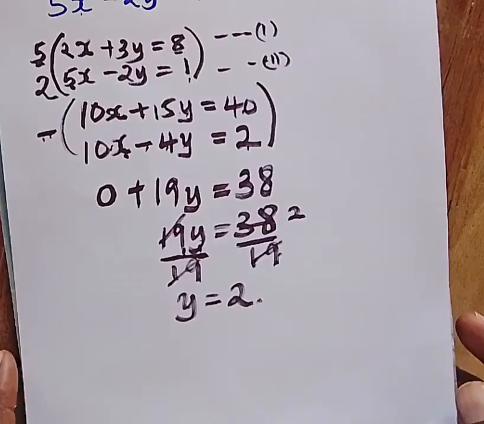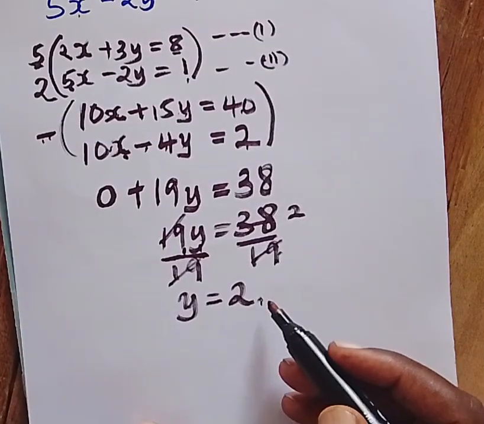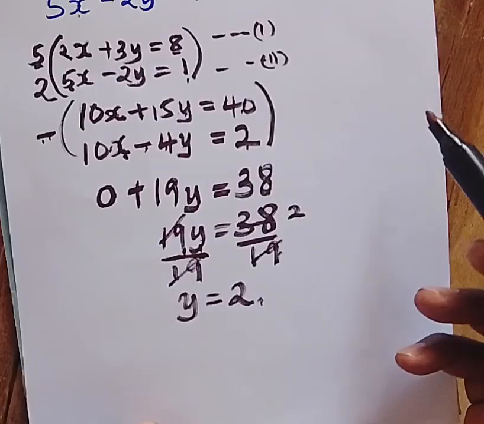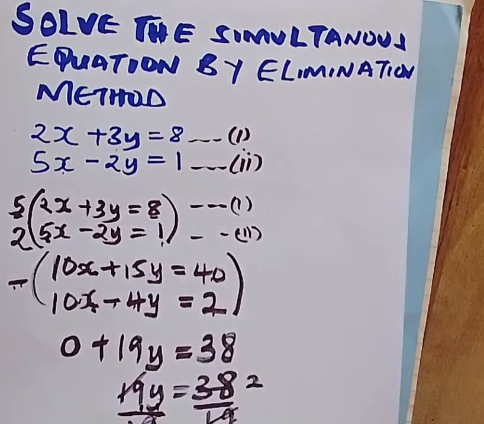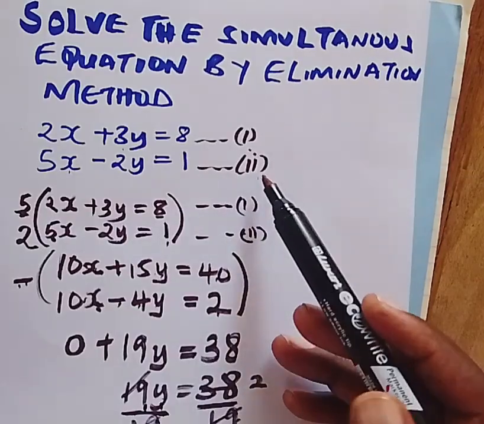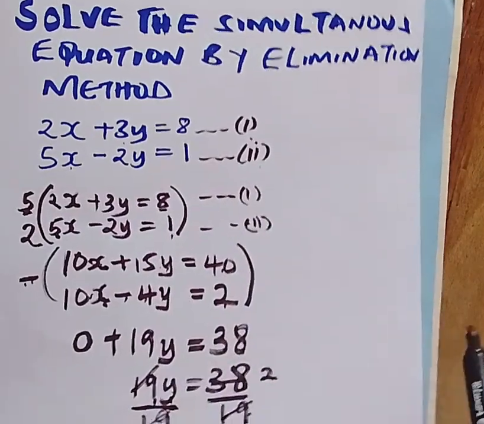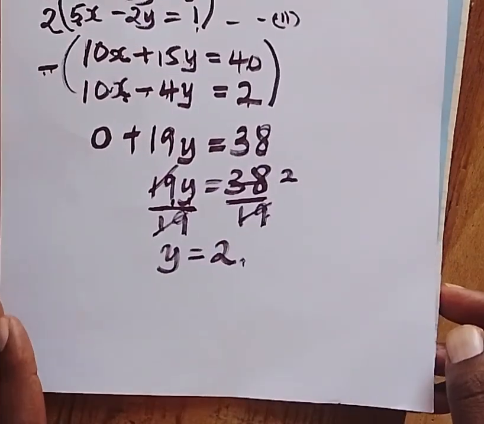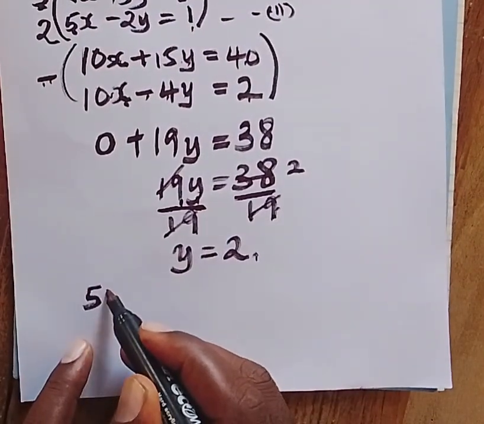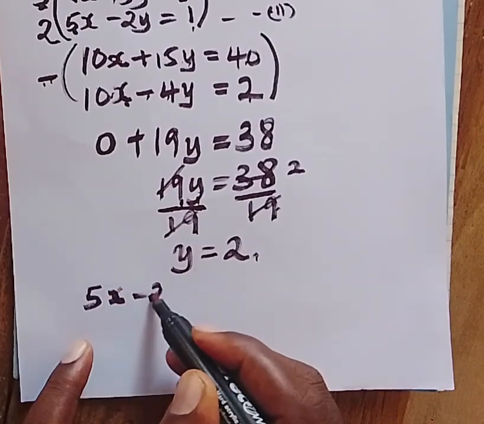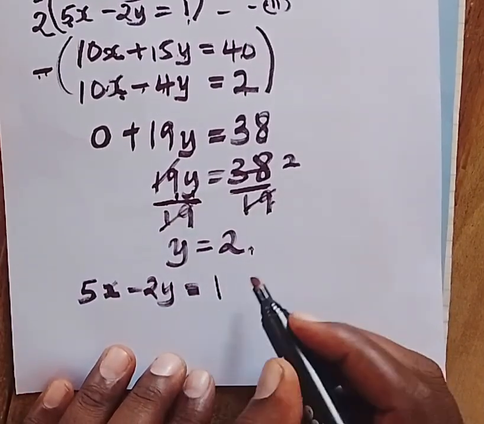Now, immediately after getting the value of y, you can substitute it into any of the original equations. I pick to substitute it into equation 2. So I will write equation 2, which is 5x minus 2y is equal to 1.